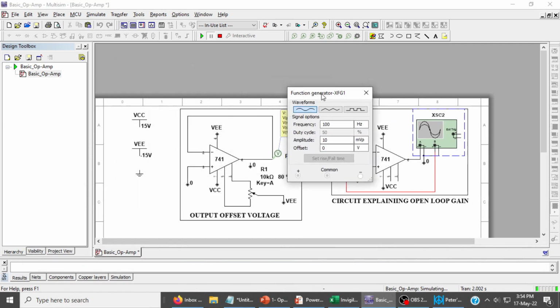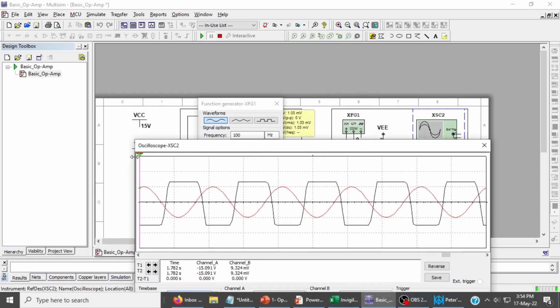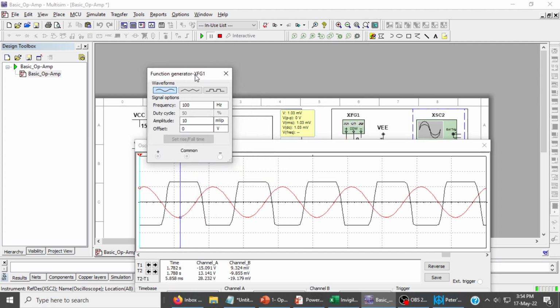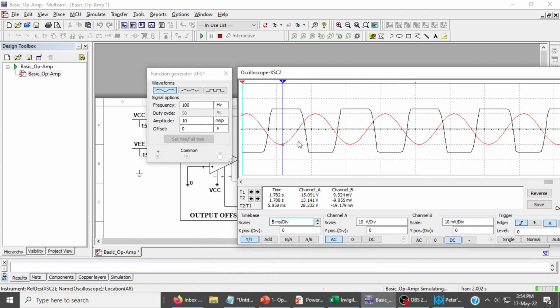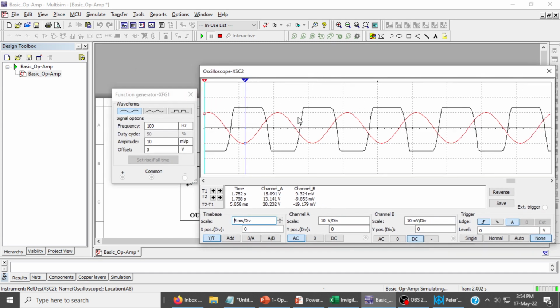You can see from here VCC is plus 15 and VEE is minus 15, so the output is almost saturated to 15 and minus 15, whereas the input is a very small value of 10 millivolt. So a 10 millivolt signal is saturating the amplifier to plus and minus 15. It has a huge gain, and that's why the amplifier is saturated.